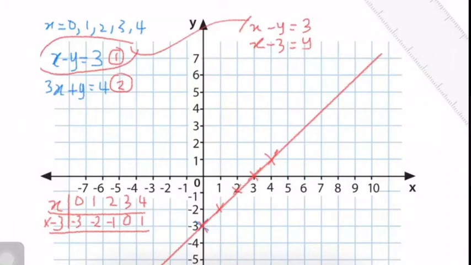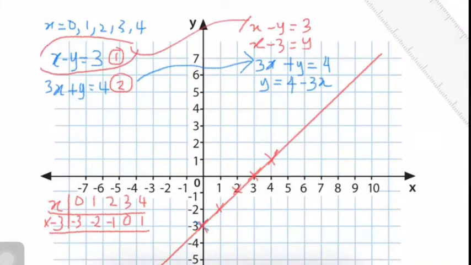I'm going to use blue color for the table. For the second equation, since x and y are on one side, I would like to put y on one side and x on the other side. So initially we have 3x plus y equals 4. Bring 3x to the right side, so y equals 4 minus 3x.